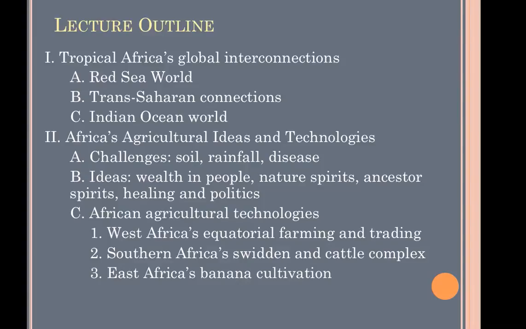I also want to emphasize in this lecture the interconnections between sub-Saharan Africa and other regions of the world. This is something that isn't nearly as well known as it really ought to be. And so I'm making that a particularly strong focus today. But in any case, this is where we're going in the lecture today.